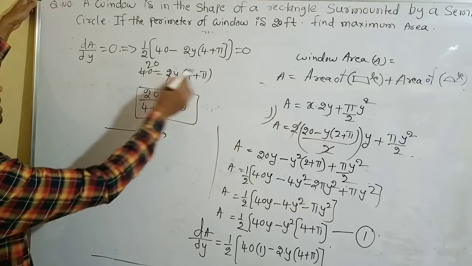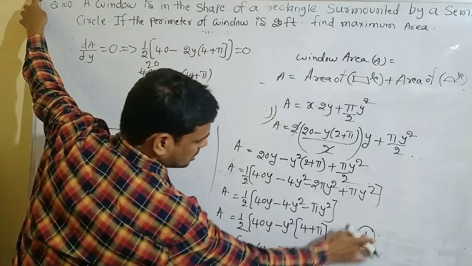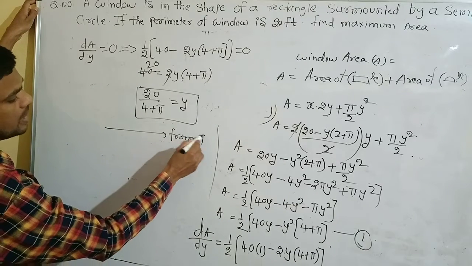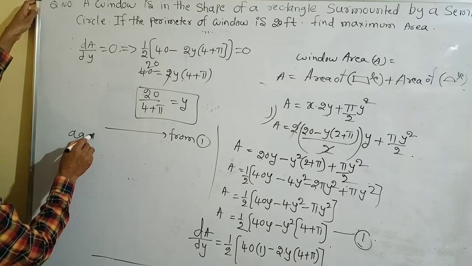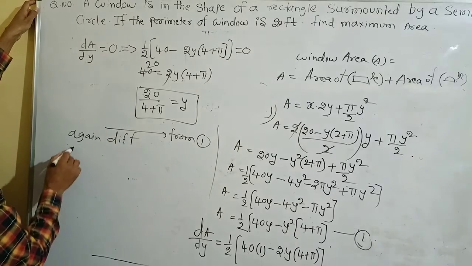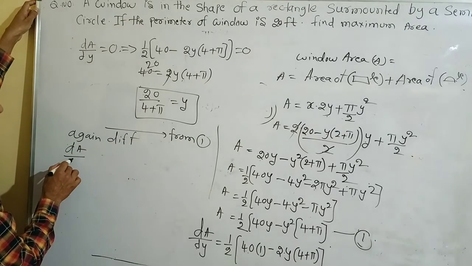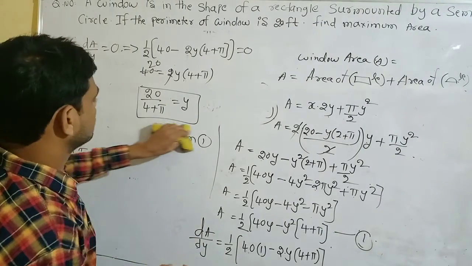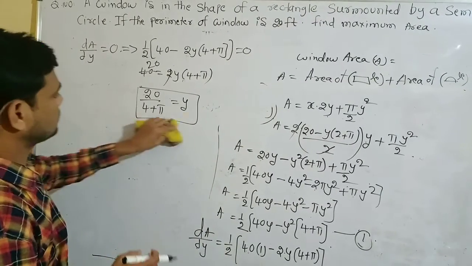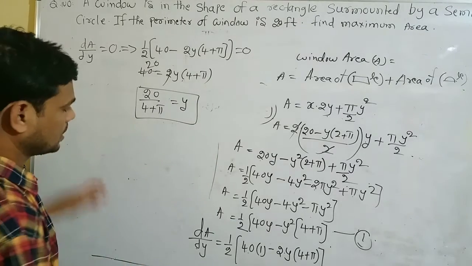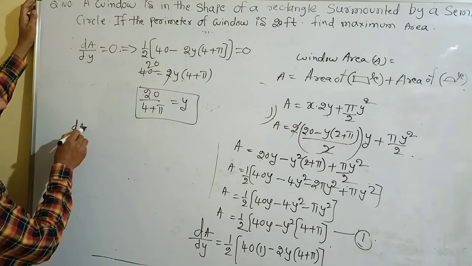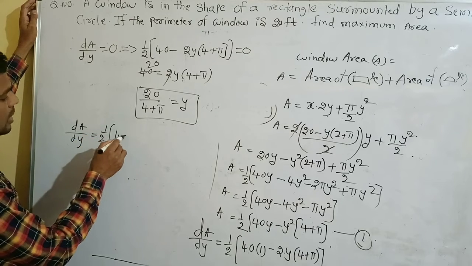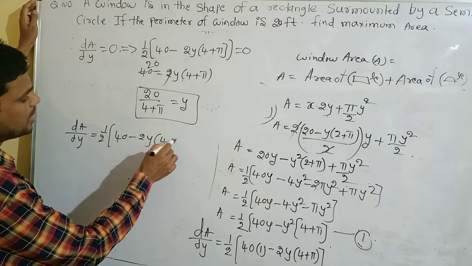But is the area maximum? From equation 1, again differentiate. dA by dy equal to 1 by 2 of 40 minus 2y(4 plus pi).